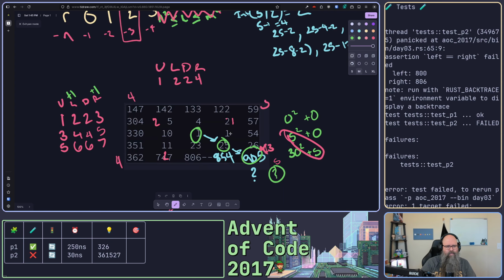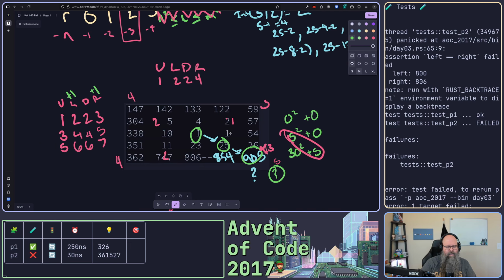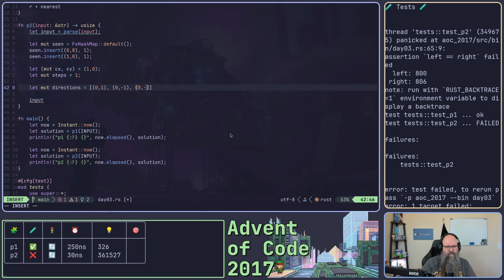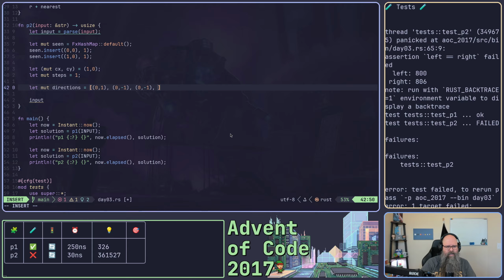Down, no, we're going up, left, down, right. Left is 0, negative 1. Down is 0, 1. No, negative 1. Up, left, down, right. Okay. This one doesn't have to be mutable, right?